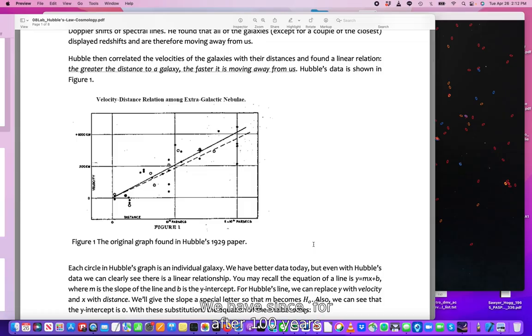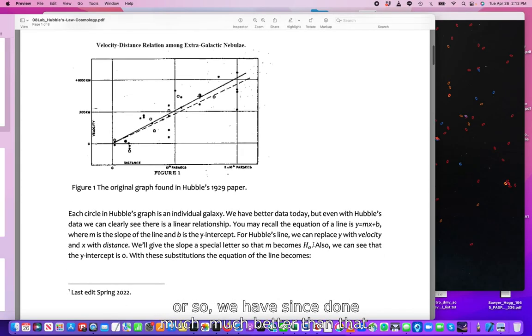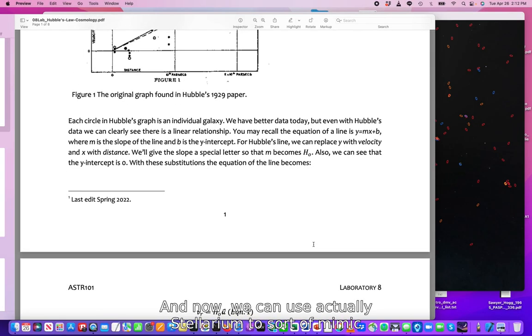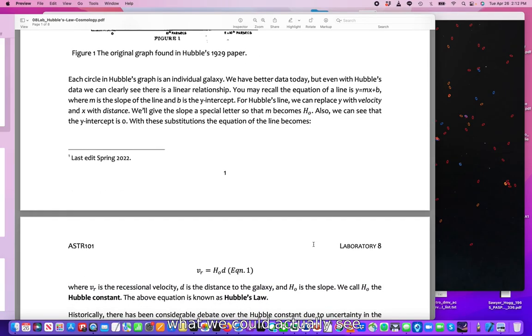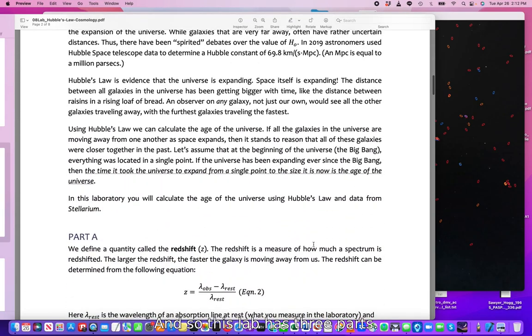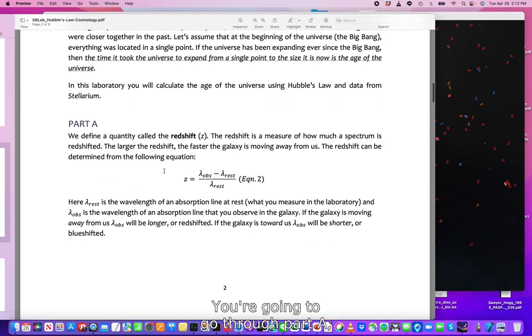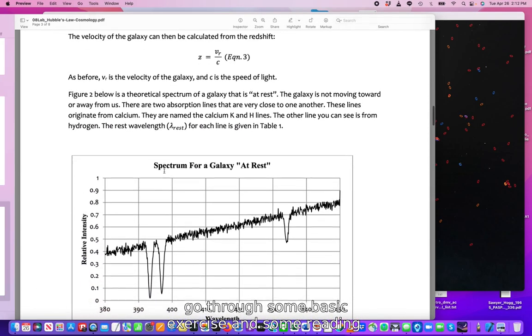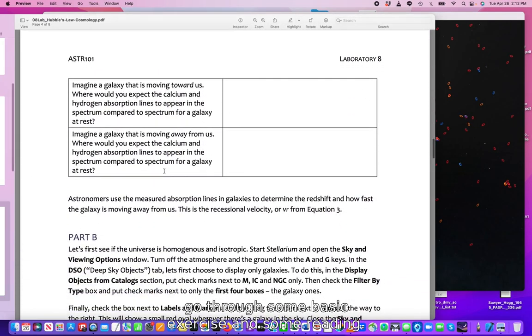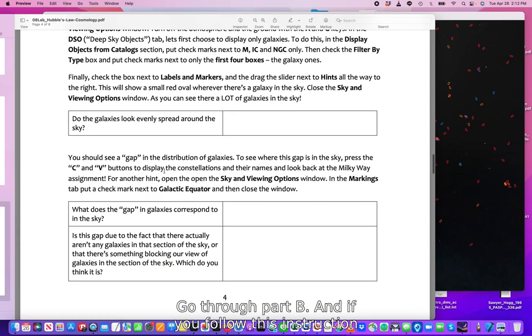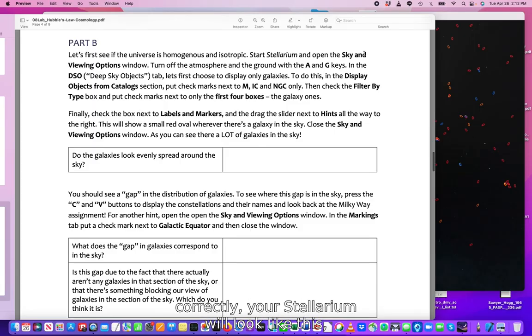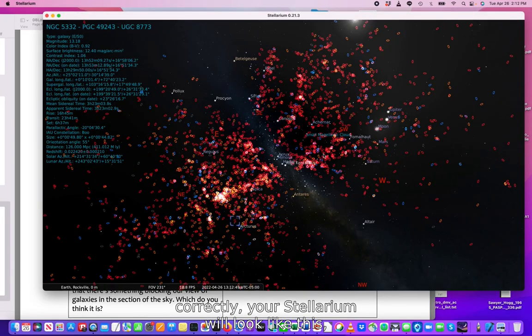After 100 years or so, we have since done much better than that. And now we can actually use Stellarium to mimic what we could actually see. So this lab has three parts. You're going to go through part A, some basic exercise and some reading, then go through part B, and if you follow this instruction correctly, your Stellarium will look like this with what we call hints, okay?